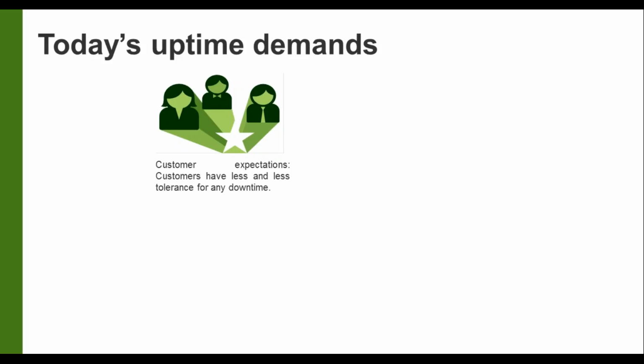It used to happen in the past that customers would be understanding if there is any downtime because of extreme weather or flood or hurricane or fire. But today, the customers don't care whether your services face downtime because of internal or external reasons.